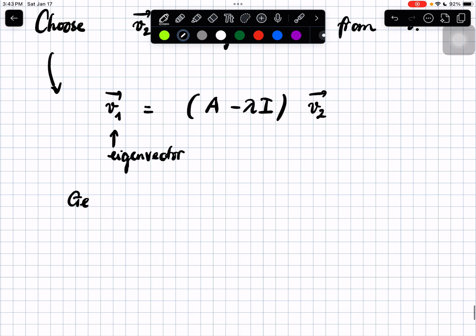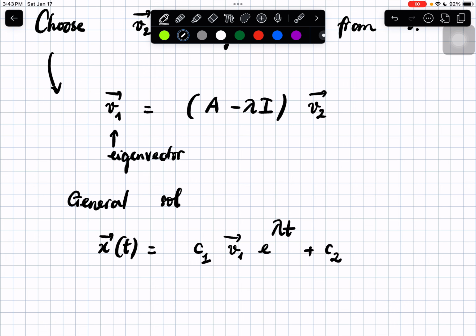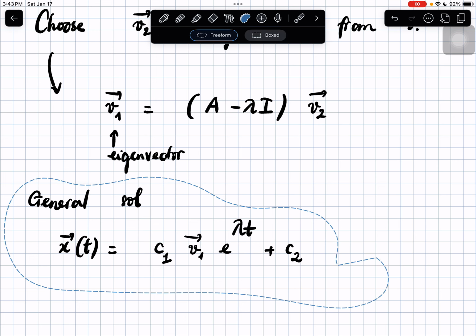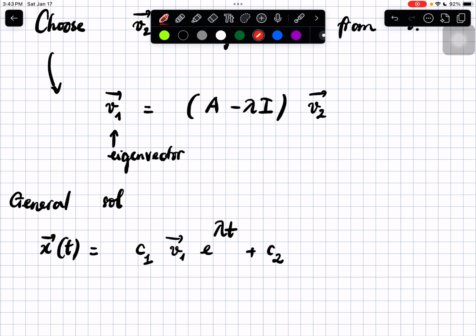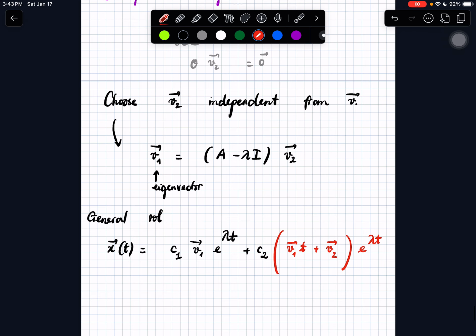The general solution of x prime equals A times x is of the form x(t) equals c1 v1 e^(lambda t) plus c2 times (v1 t plus v2) e^(lambda t).